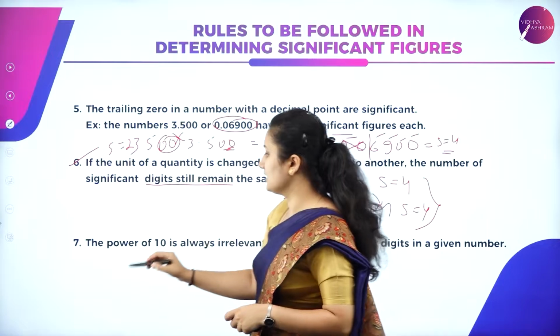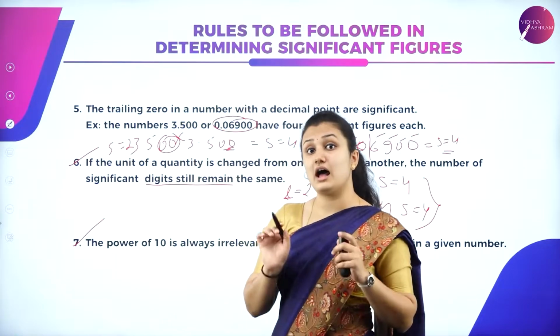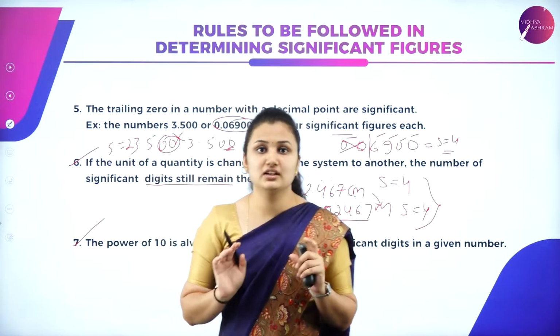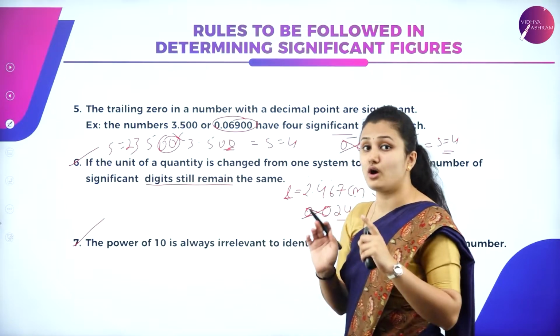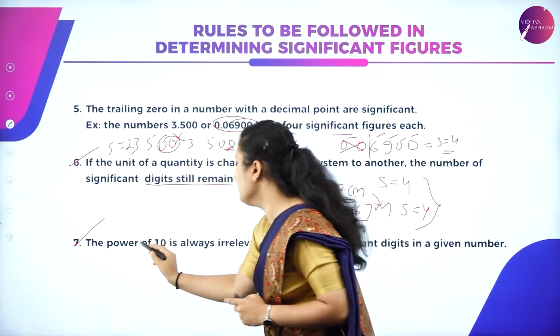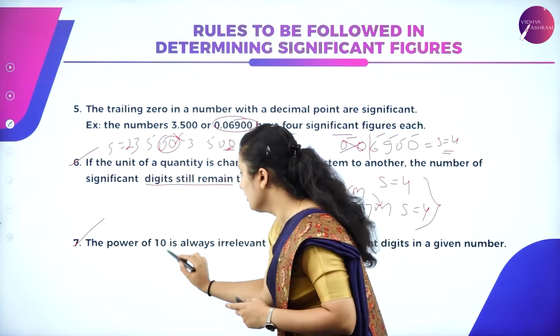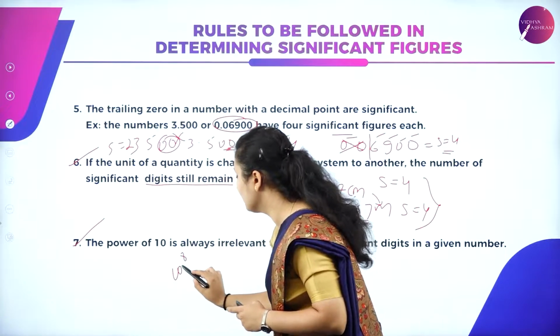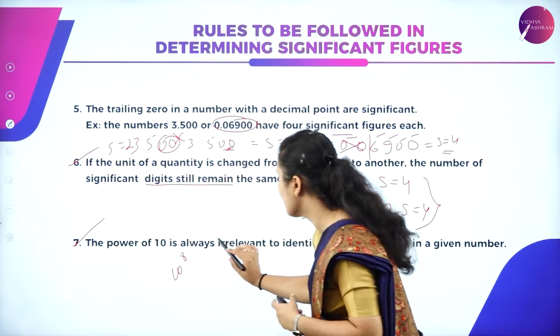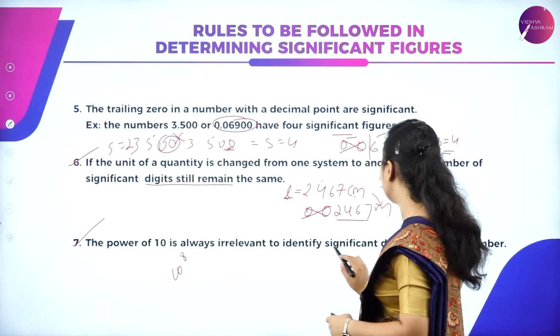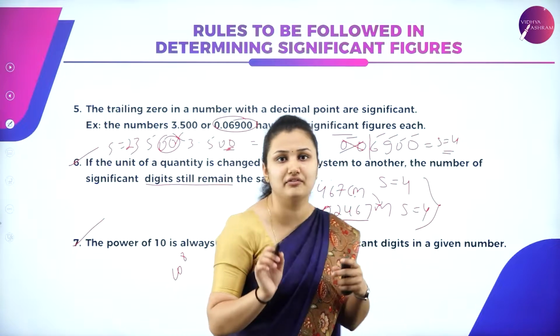That is rule 6. What is my rule 7? The last rule in significant figures is rule 7, which talks about the power. The power of 10 is always irrelevant to identify the significant digits in a given number.